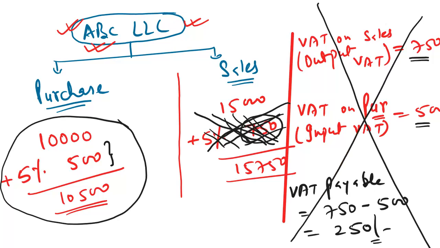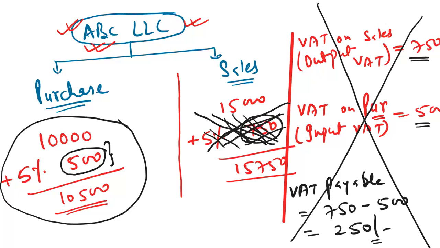Because you don't have to pay VAT to the government authority, because you are not a registered collector of the VAT. You can't charge VAT. You will say, sir, big problem. What is the problem? The 500 I'm paying to the supplier, I will not get it back. You can't get it back, dear, because in this particular scenario, if you are an unregistered person, you can't charge VAT.